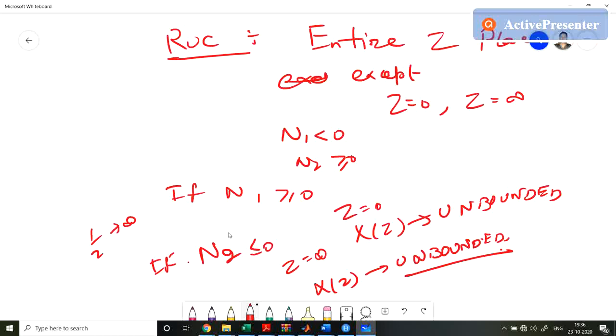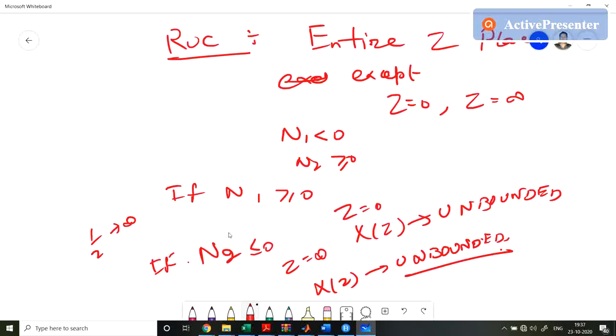So at z equals 0 X(z) will converge, but when we put z equals infinity, it will not converge. So we will get an unbounded result.